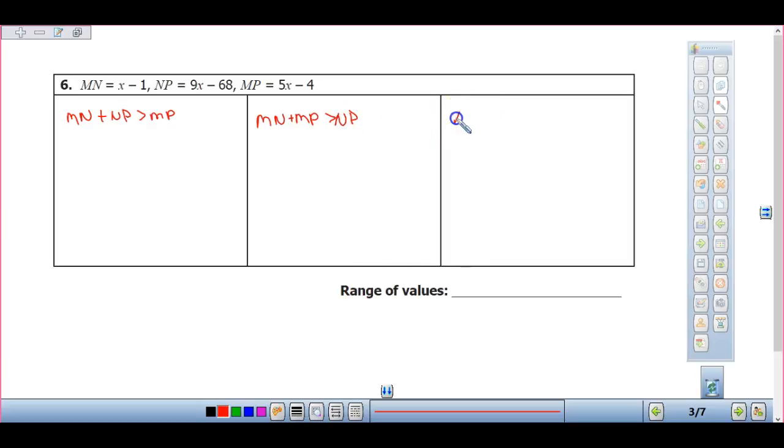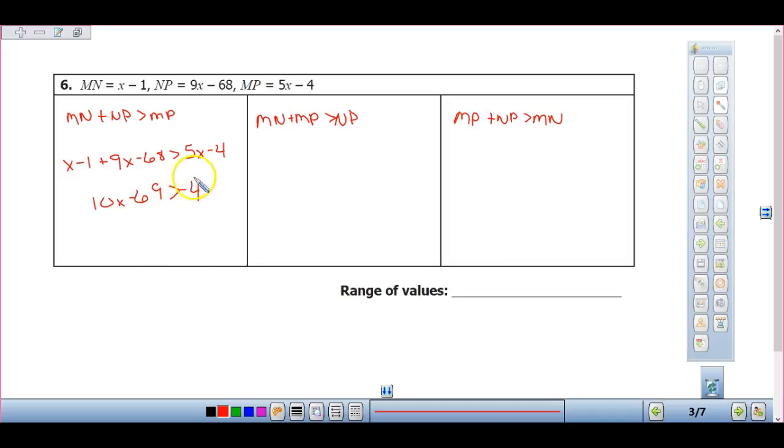And then my other two, I've got MP plus NP has to be greater than MN. So then it's just a matter of setting them up. x minus 1 plus 9x minus 68 has to be greater than 5x minus 4. So 10x minus 69 is greater than negative 4.